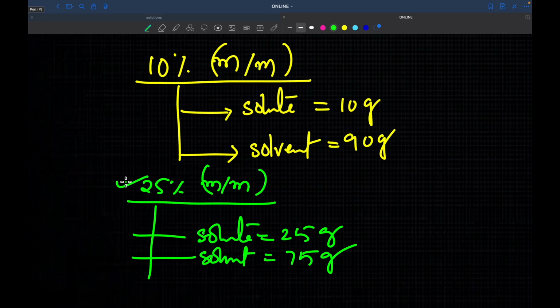If you say 50% or 40%, 60%, the solvent mass is 100 minus solute. So this is 100 minus 10, and this is 100 minus 25. This is how you identify a solution.